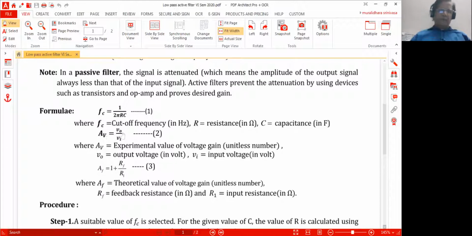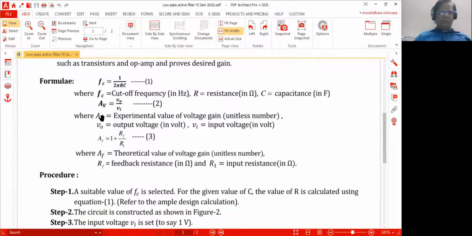The experimental voltage gain is given by V0 by Vi, where V0 is the output voltage. And since you are using an op amp in the non-inverting configuration, the gain of the op amp will be 1 plus Rf by Ri. So these are the theoretical aspects, formulae, etc.